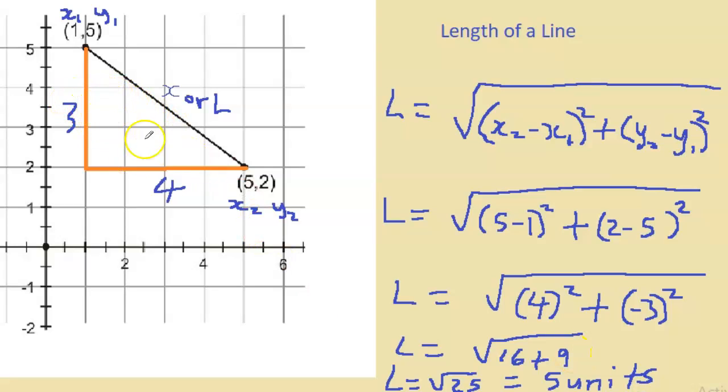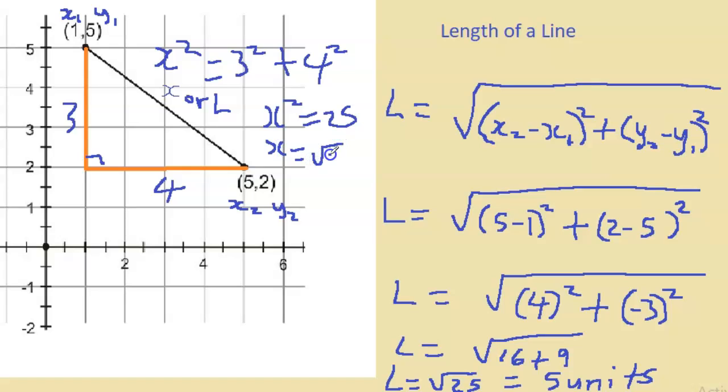Because what does Pythagoras say? x squared or L squared, the hypotenuse squared, equals the sum of the squares of the other two sides, which is exactly what this is. Same thing here: x squared equals 25, because this is 9 plus 16.